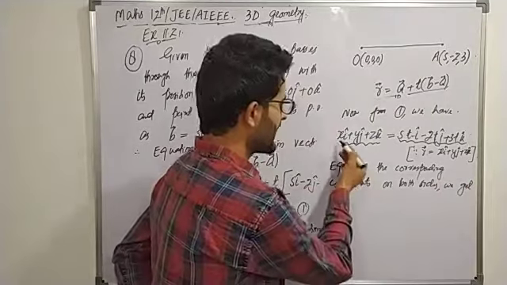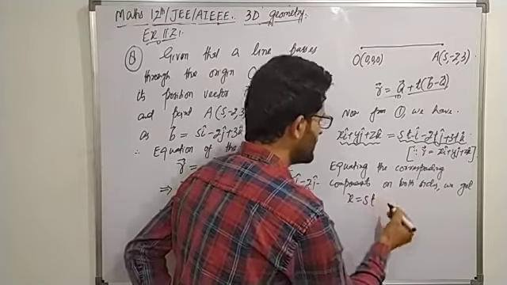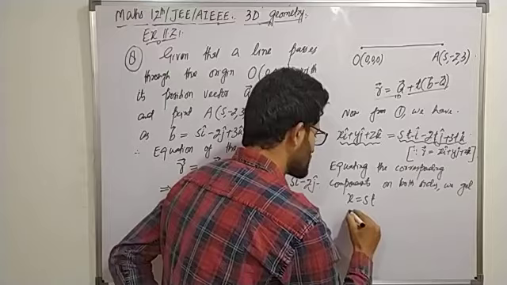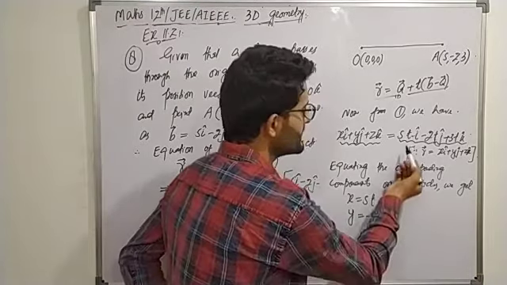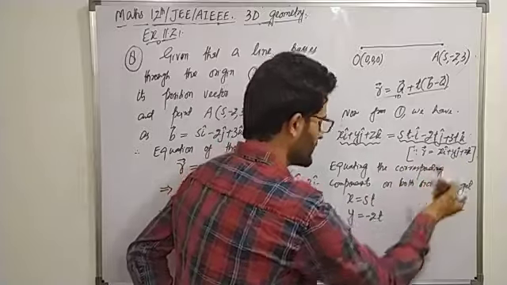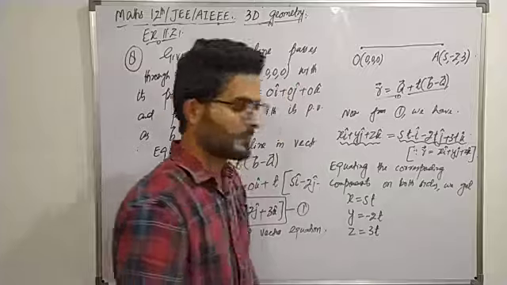Yes, x must be equal to 5t, y is equal to minus 2t, and z is equal to 3t.